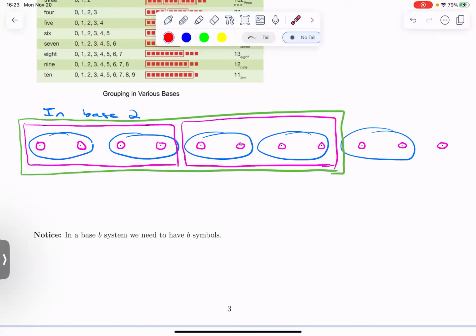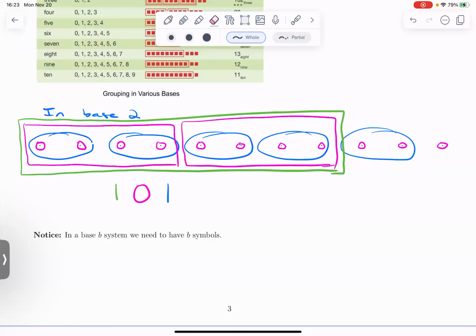So in terms of writing this in base 2, we're going to have one of the largest things, which is the green box. We have 0 leftovers. So all these pink boxes were swallowed by the green box, right? And so now I have 0 pink boxes left over. But I do have the next increment down. I have 1 blue box outside. And, oh, I should have used a different color.